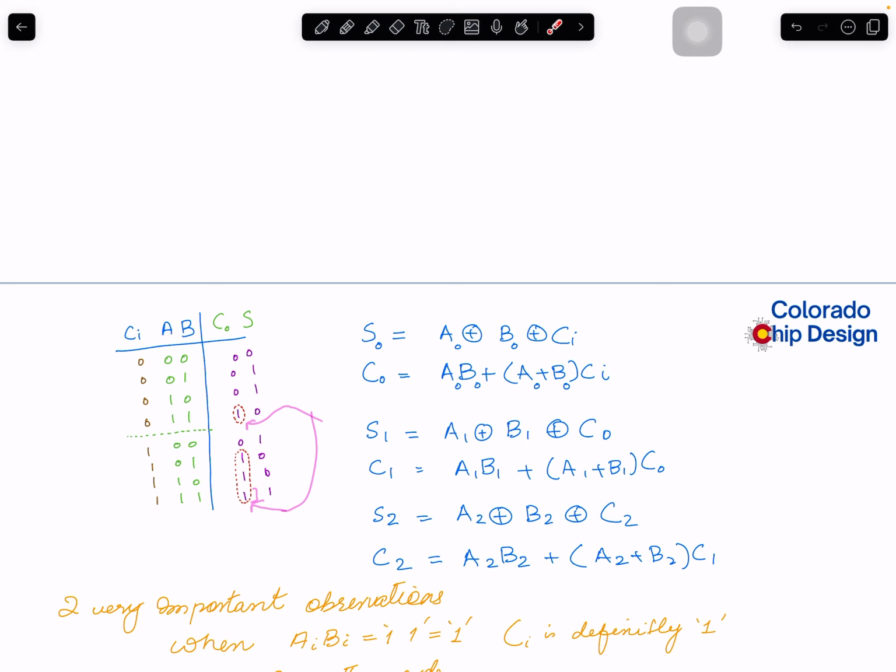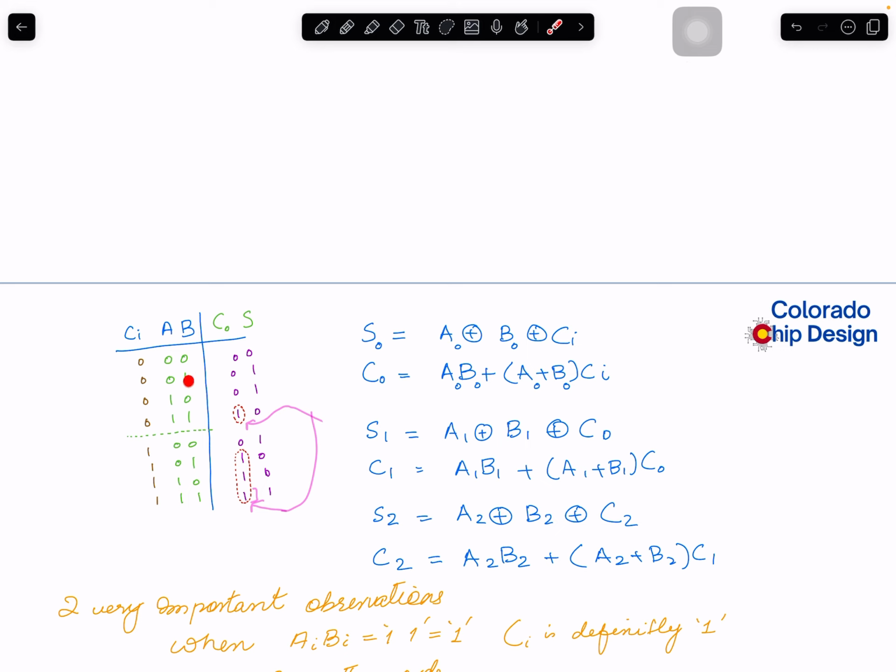Let's look into them. First, look at the scenario when a full adder is guaranteed to generate a carry output of 1. I'm using the same addition table that we discussed previously, and for those who haven't looked at it, you can quickly add them and you will see: 0 0 0, of course 0 0.